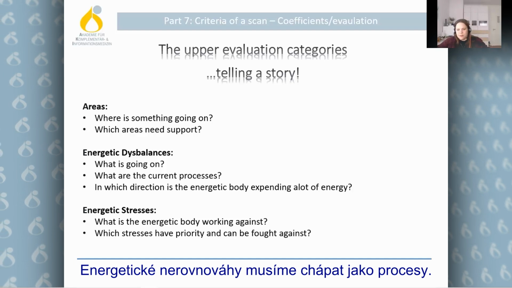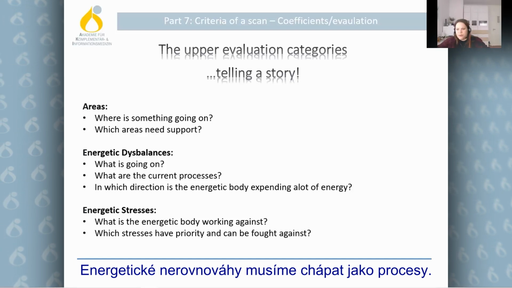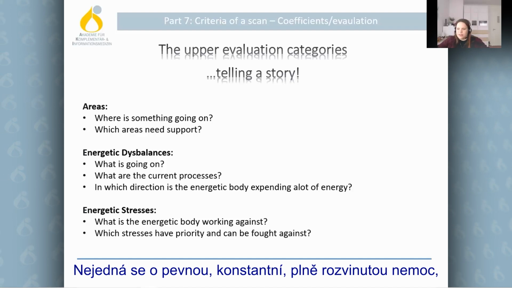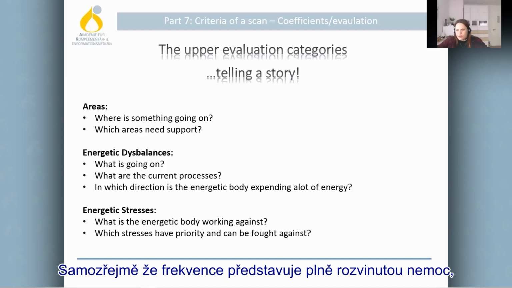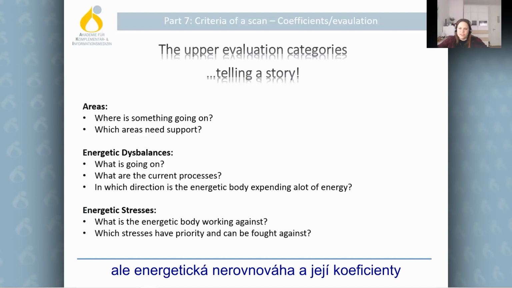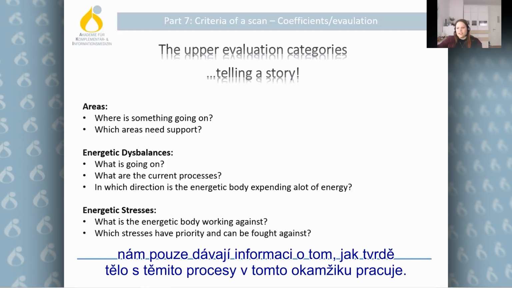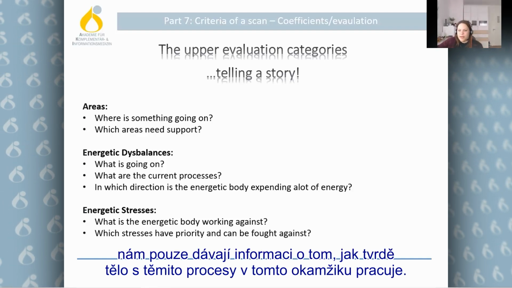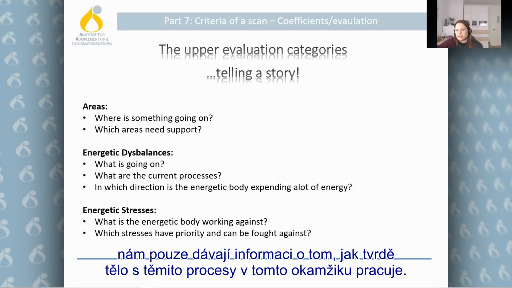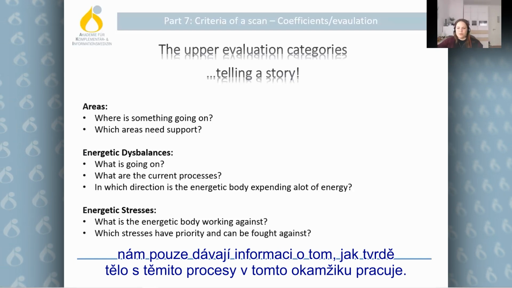And the energetic disbalances are to be understood as processes, not as a fixed constant of a fully developed disease, because of course the frequency is the fully developed disease, but the energetic disbalances with the coefficients just give us information on how hard the body is acting in this moment with this process.